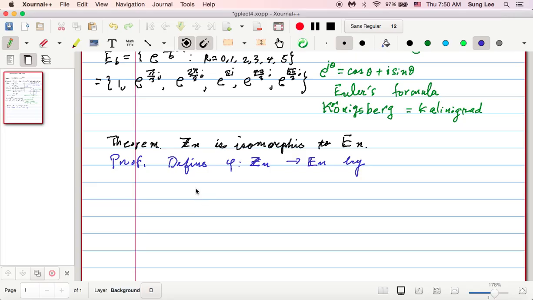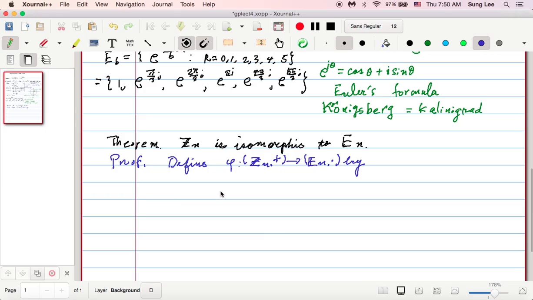Oh, by the way, I think I need to specify this, although you know that. Z sub n is an additive group, so the operation is addition, and E sub n, as I mentioned earlier, the operation is complex multiplication.